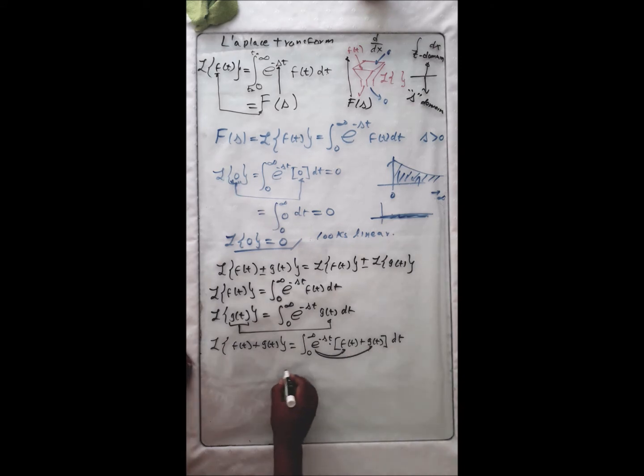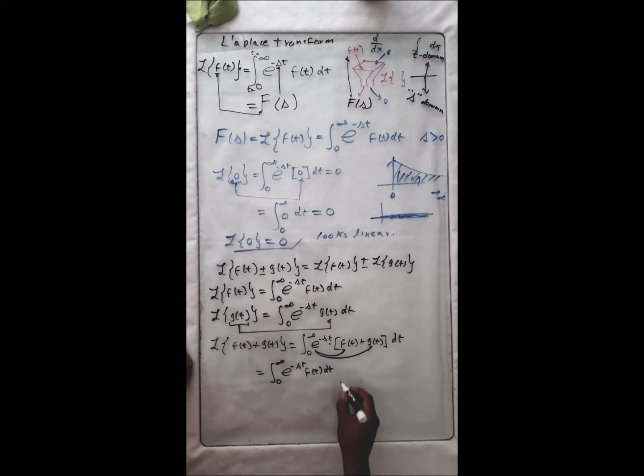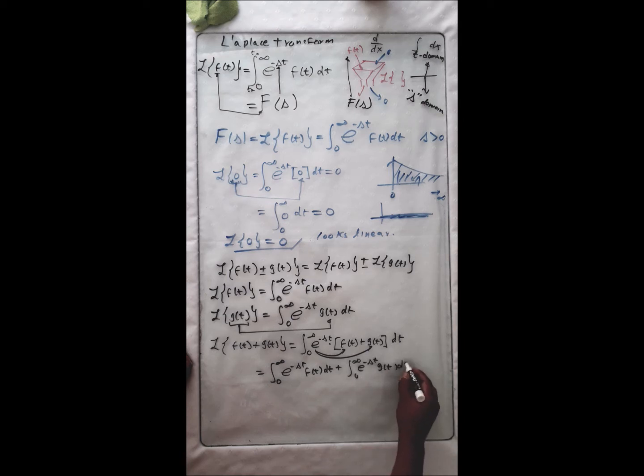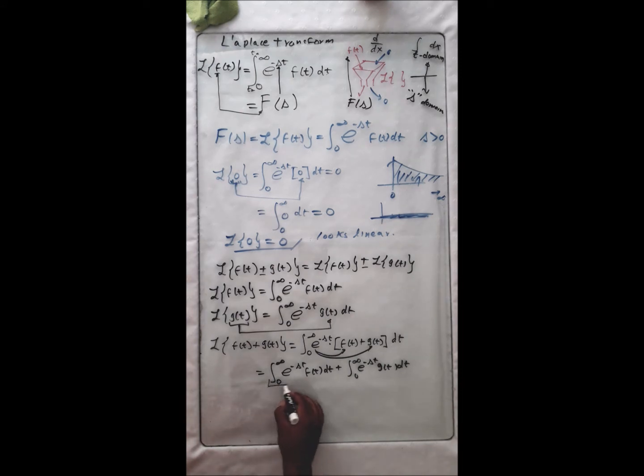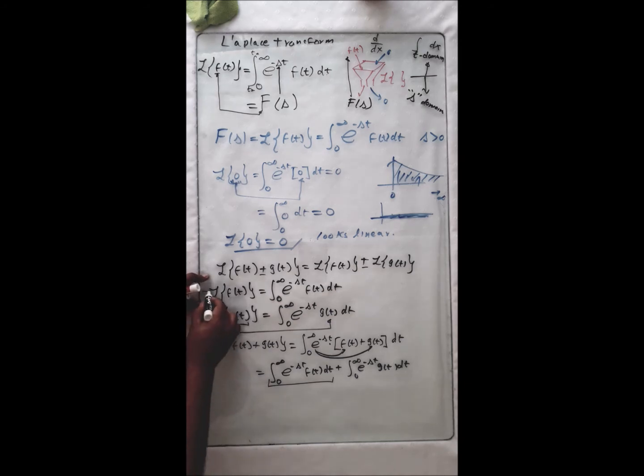So this is going to be equal to the integral from 0 to infinity of e to the minus st and then f of t, dt, plus the integral from 0 to infinity of e to the minus st and then g of t, dt. Okay, now what is this? This is exactly the definition of the Laplace transform of f of t.